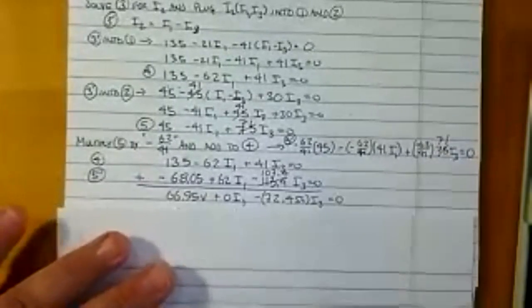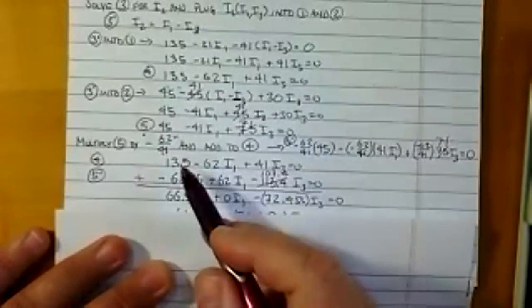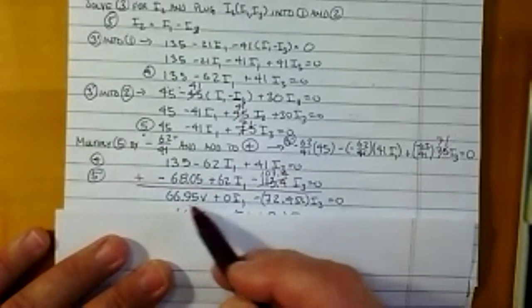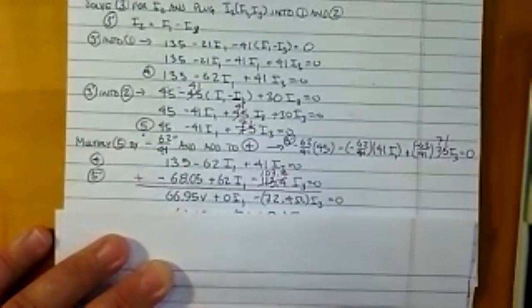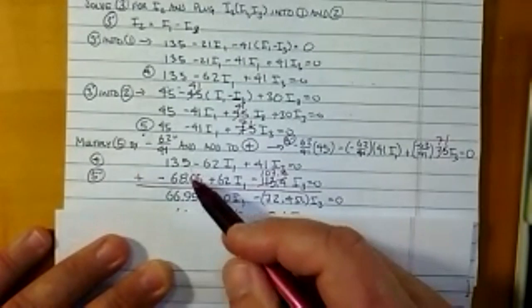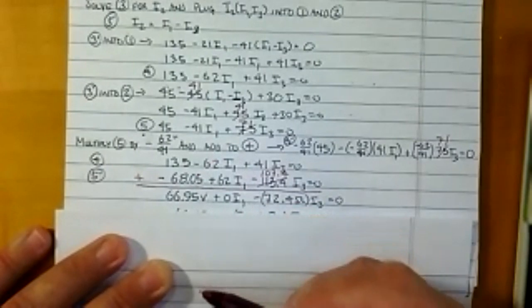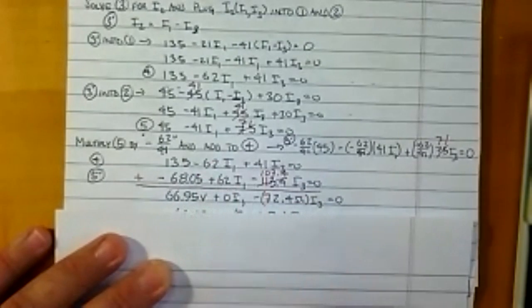Okay, so now I'm going to go to actually adding these two. Notice what happens is exactly what we expect. I'll do 135 minus 68.05. Again, using my calculator and carrying one extra digit, I got 66.95. In some sense, I'm actually carrying like 2 extra digits because when you add, the sig fig rules are different. But either way, I'm just keeping 4 sig figs because I'm pretending like everything's 3.